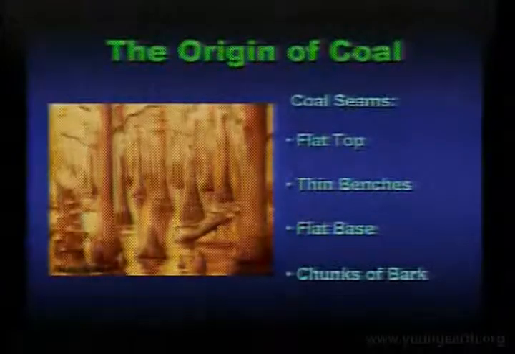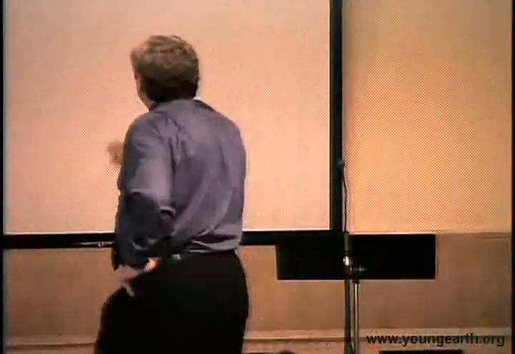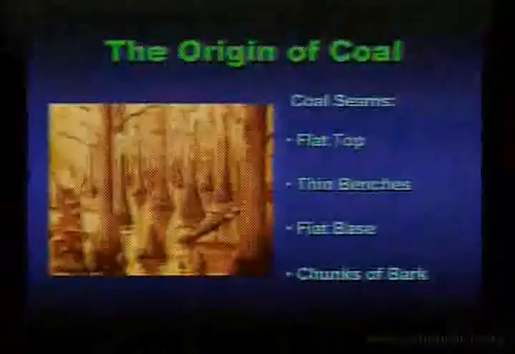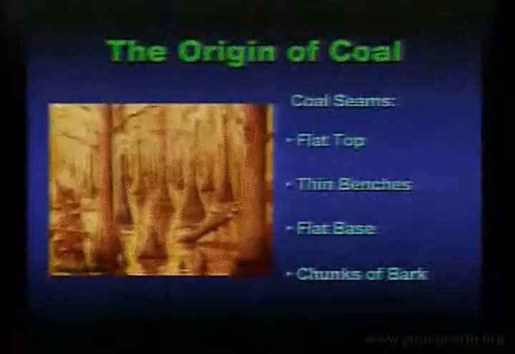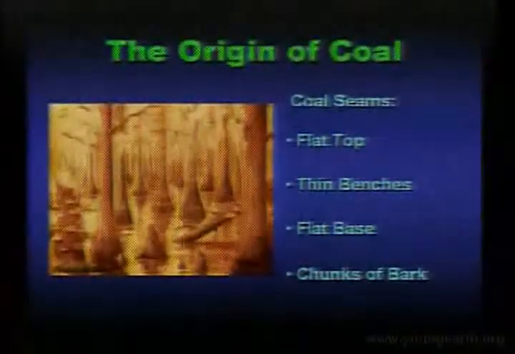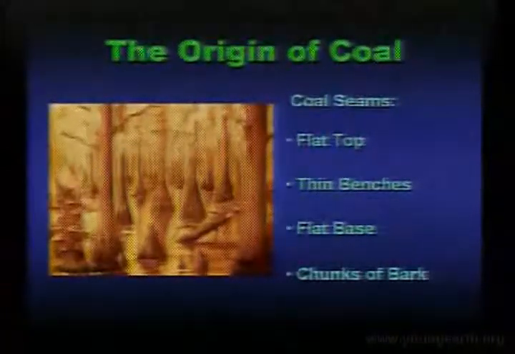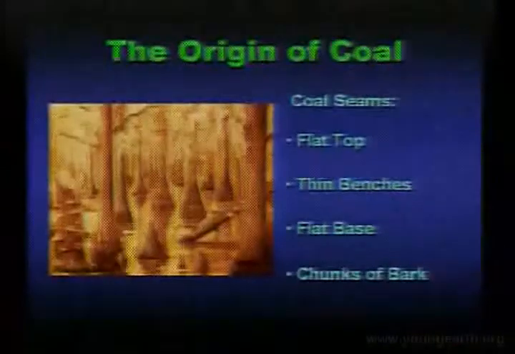The problem with the swamp hypothesis is it has a very hard time explaining any one of these things. For example, how do you have a flat base? The trees that are supposedly dropping the debris down have roots that should be working their way into the material below the accumulating area.